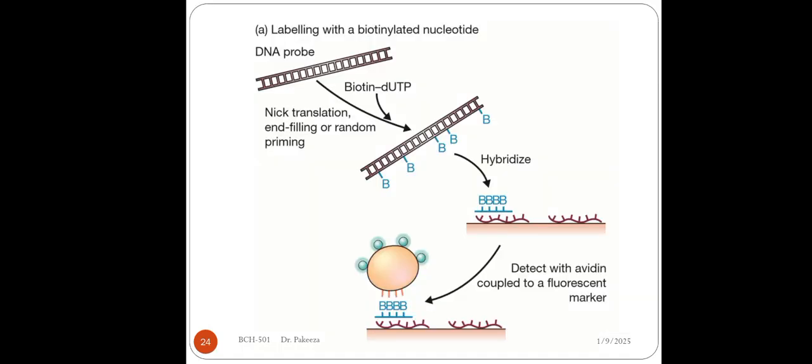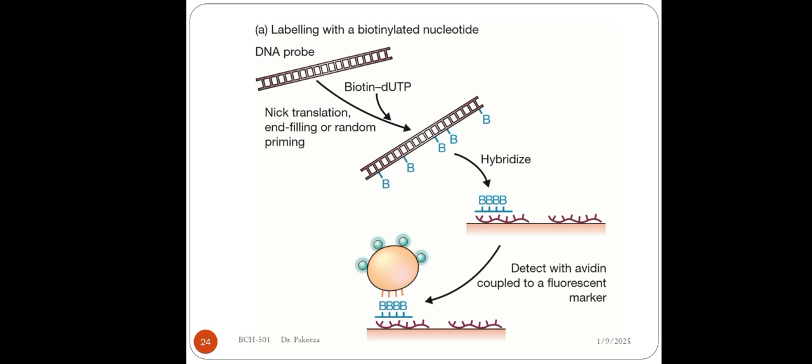You can see here that the DNA labeled probes can be labeled with the help of biotin UTP, and you can see that in the growing chain, one of the chains has been replaced with the modified nucleotides attached with biotin.